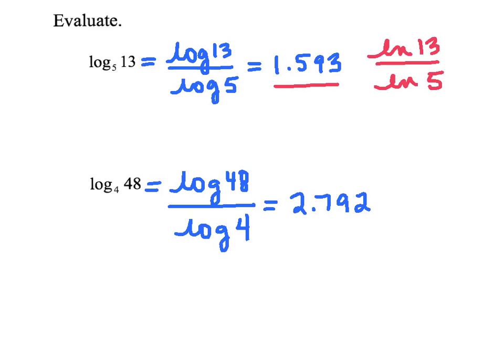And then let's hit stop on the video again, and this time switch on over to natural logs and evaluate the natural log of 48 divided by the natural log of 4. Again, you will have noticed the natural log of 48 divided by the natural log of 4 is also 2.792.